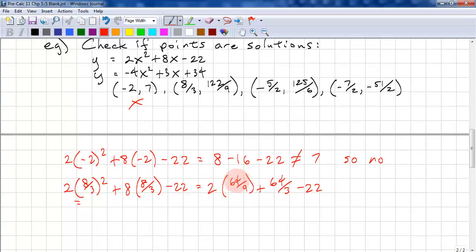Doubling this, we have 128 over 9. We change the next term to a common denominator of 9, so we multiply by 3. That gives us 192 over 9. And we multiply the 22 by 9, and we have 198 over 9. This equals 122 over 9, and that equals this value. So yes.